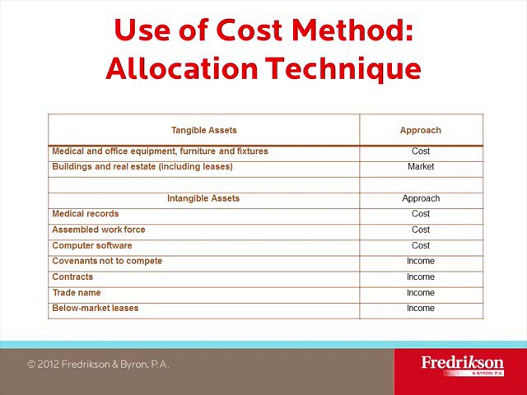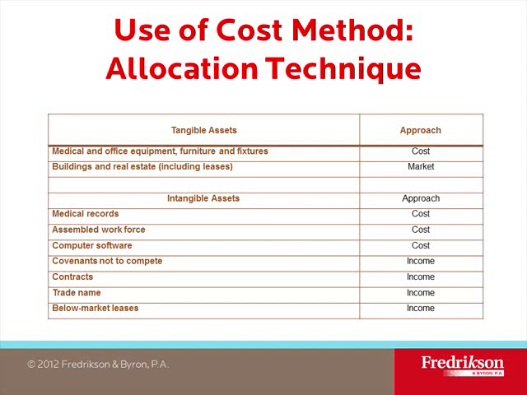And they say, look at it this way. For the tangible assets, it's probably better to use methods other than the income method. For medical and office building equipment, furniture, fixtures, and equipment, use a cost method. For buildings and real estate, use a market method. For intangibles, it's more likely that you would want to use an income method.